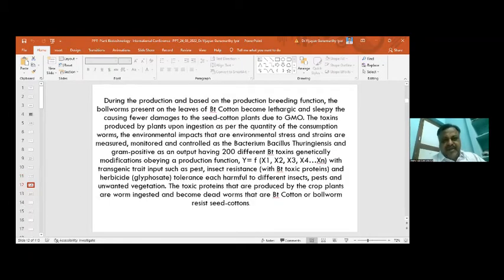And so during the production, the production function is given: Y is equal to a function of x1, x2, x3 to xn, where x1, x2, x3, x4 are the breeding inputs. Y is the breeding output.